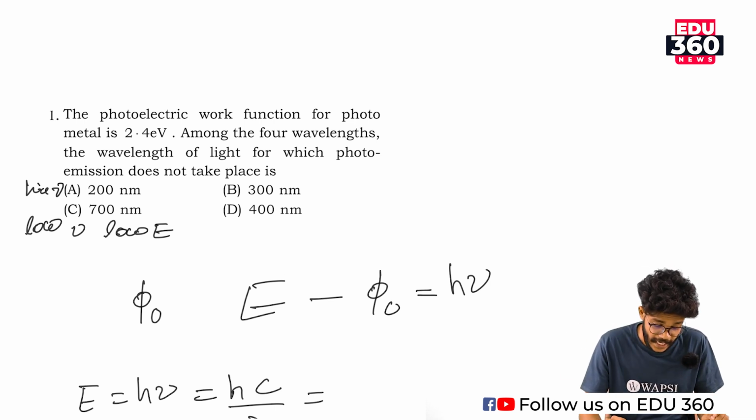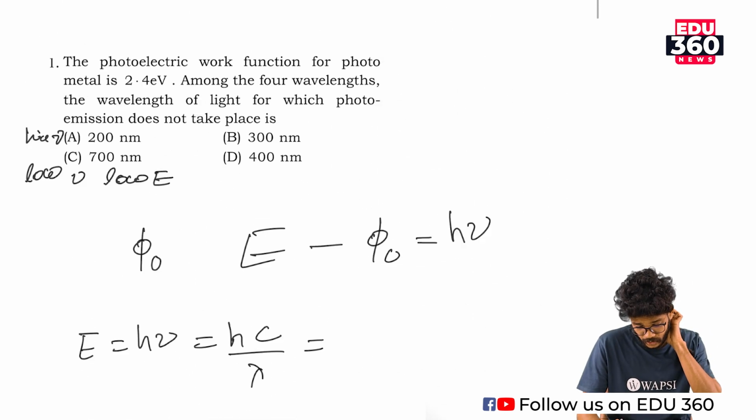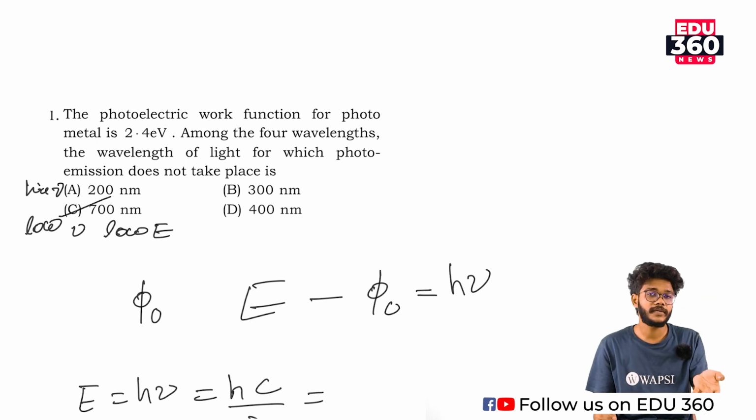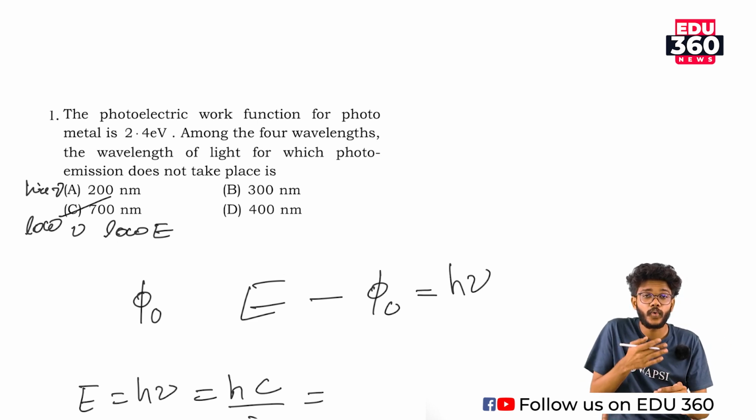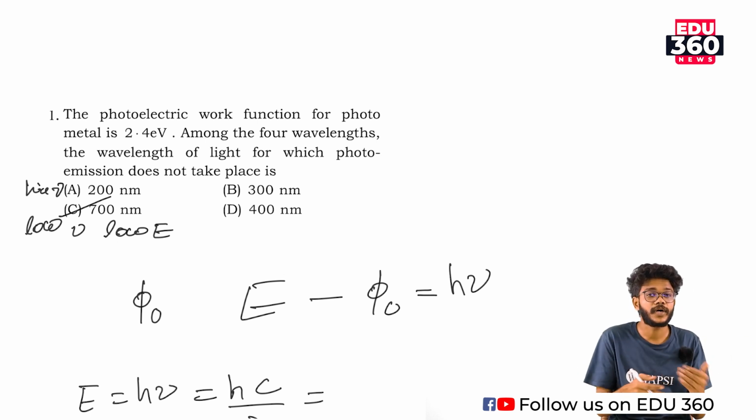So option C is the correct answer. But in the exam you can choose the option in 10 seconds, because 700 has the lowest energy. But if there is a group of waves, then you need to calculate.